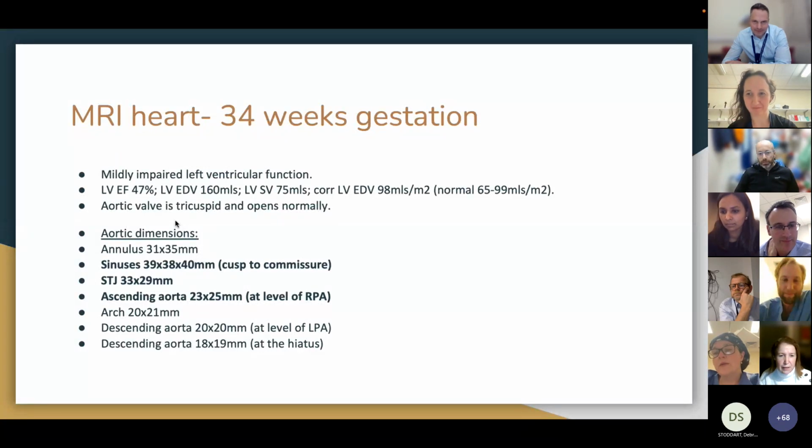So we would just have to keep a very close eye on her and then make a judgment nearer the time, maybe with additional imaging. If she stays well, doesn't report any chest pain, and everything else is okay, maybe an epidural and a low pressure delivery might be okay. I don't know.